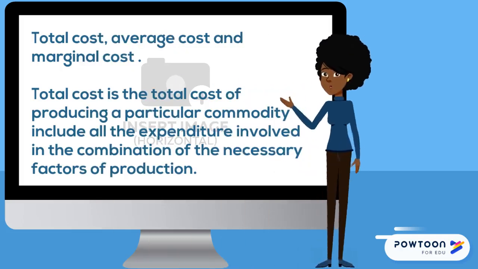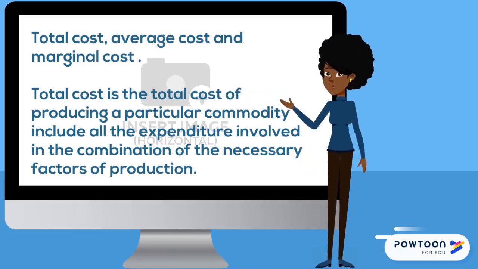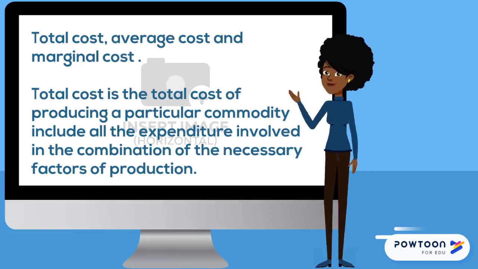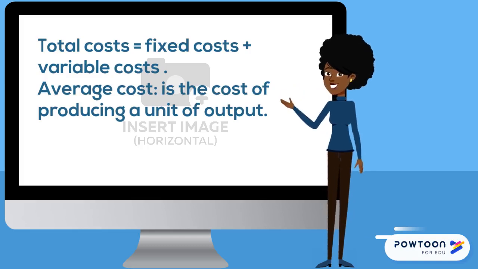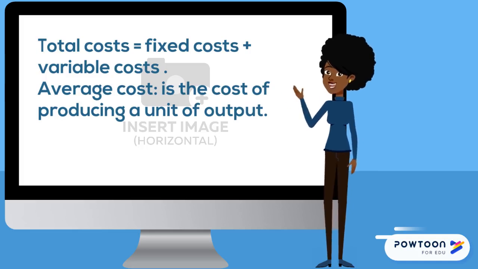Now let's look at total cost, average cost, and marginal cost. Total cost is the total cost of producing a particular commodity. It includes all the expenditure involved in the combination of the necessary factors of production. Total cost equals fixed cost plus variable cost.